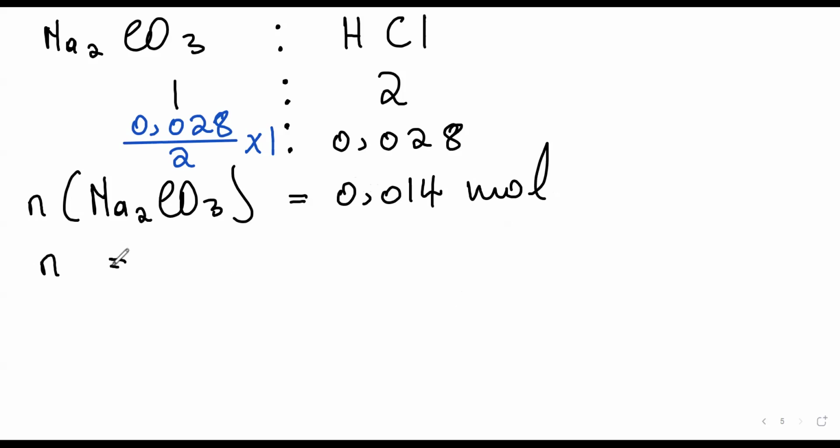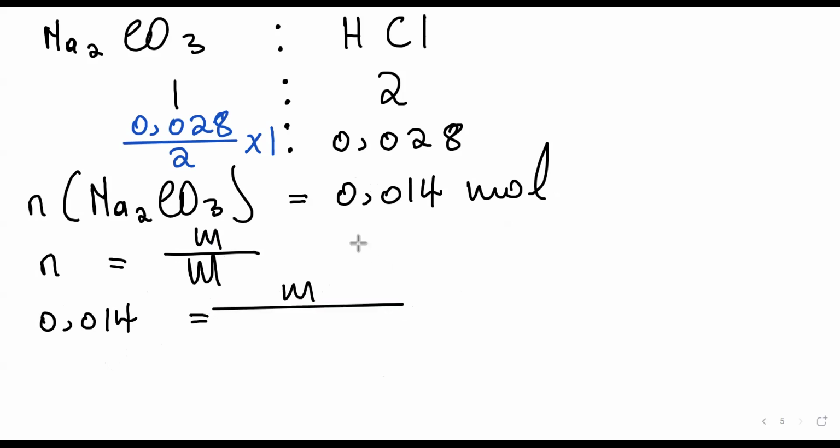And now that we know the moles, it's considerably easy to find the mass. Yeah. So we have 0.014 here, which is set equal to the mass. And this entire thing is divided by the molar mass.